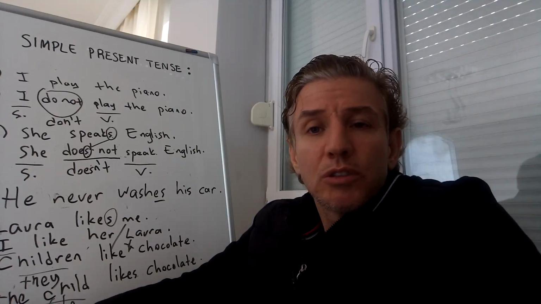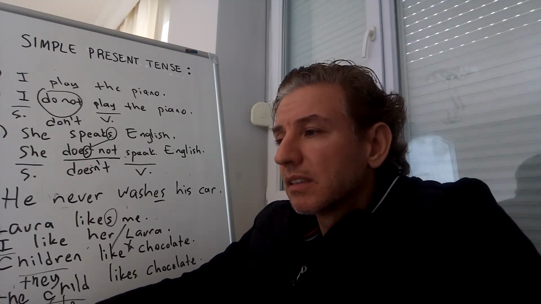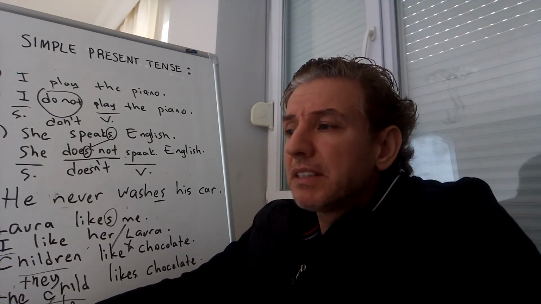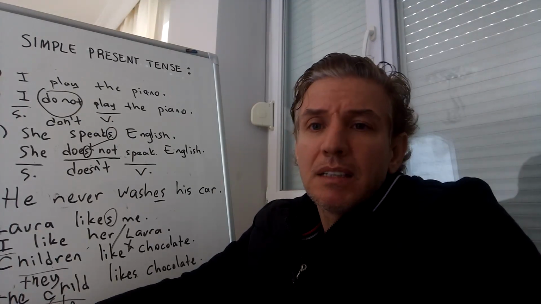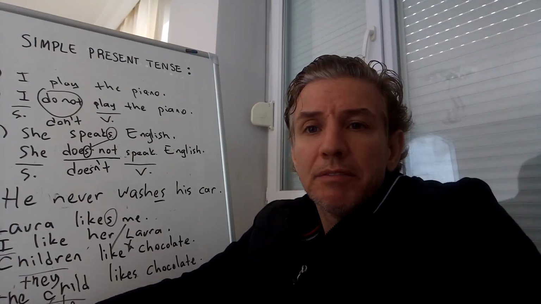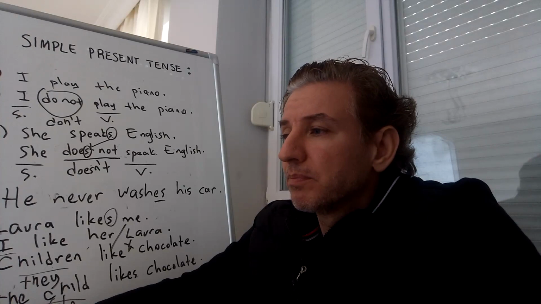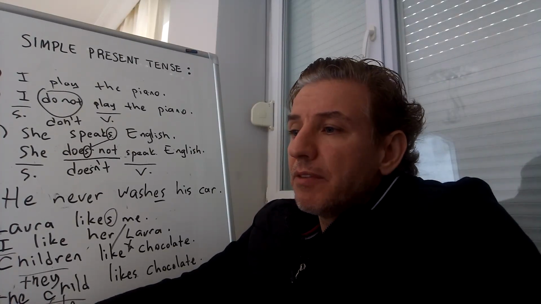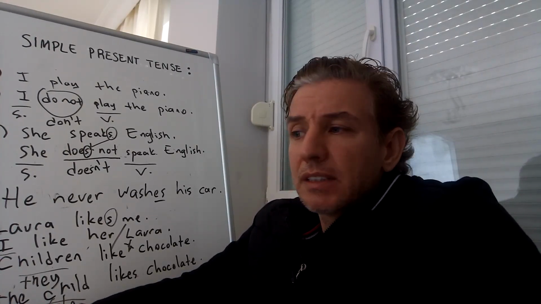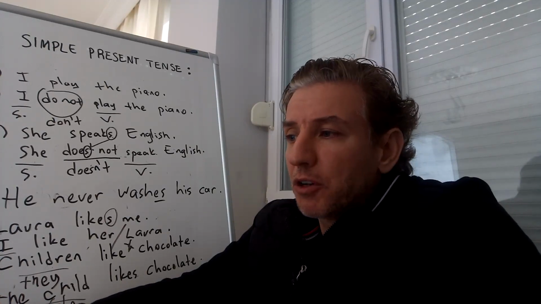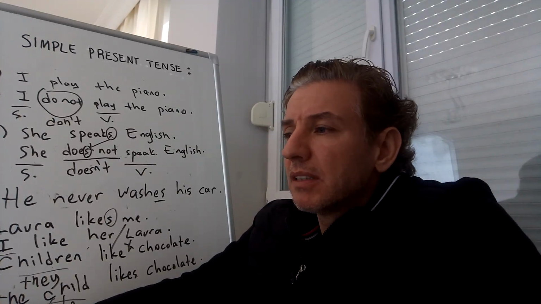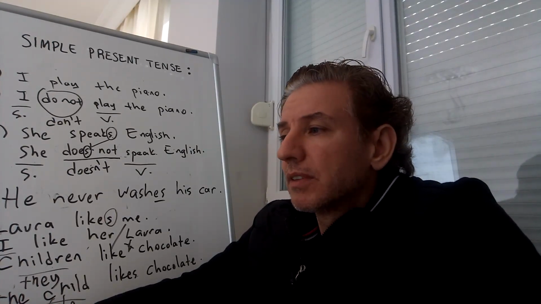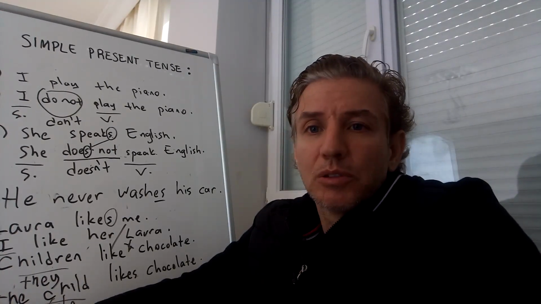We use don't or doesn't plus infinitive. Infinitive means main verb, base form. We use don't or doesn't plus base form. For example, don't like, doesn't speak, doesn't do.